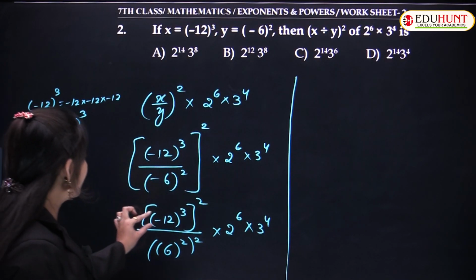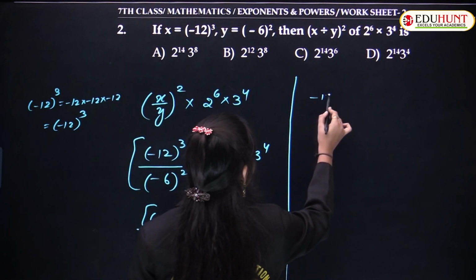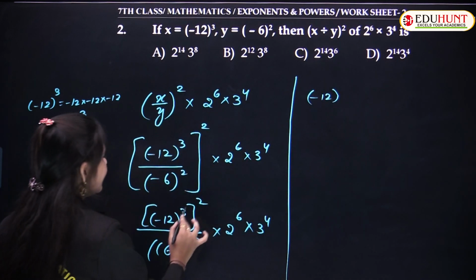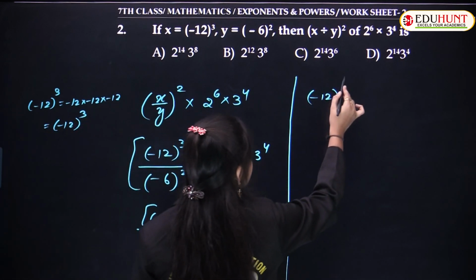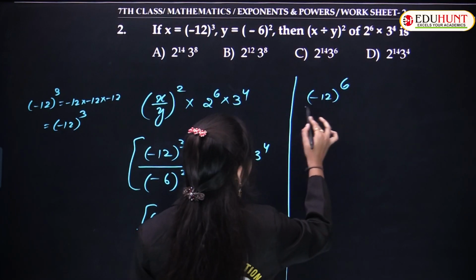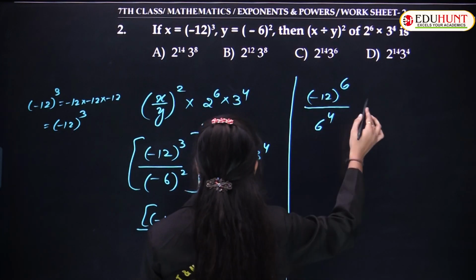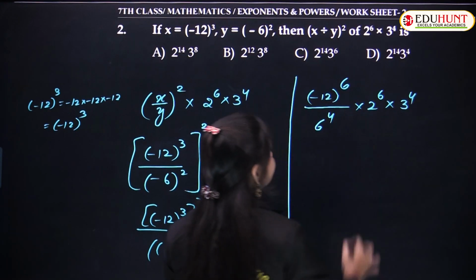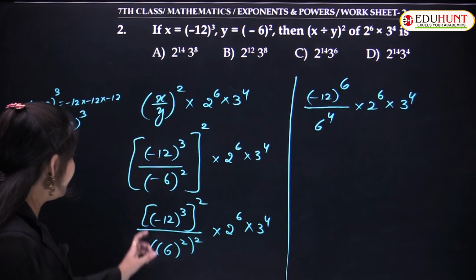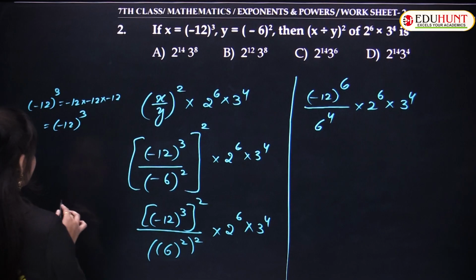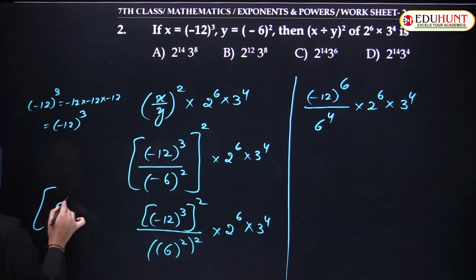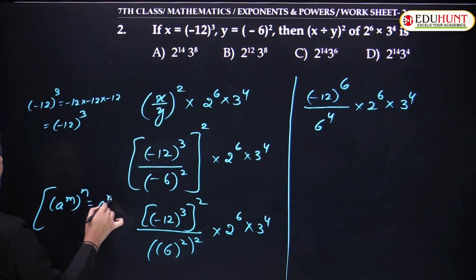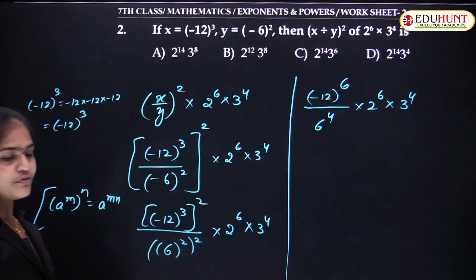Now here minus 12 whole cube means minus 12 whole power 3 into 2, which is equal to 6, whole by 6 power 4 into 2 power 6 into 3 power 4. Why? Because which formulas did we apply here? A power m whole power n is equal to a power mn, one of the formulas we applied.